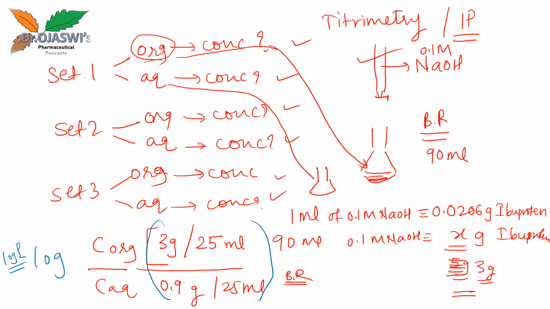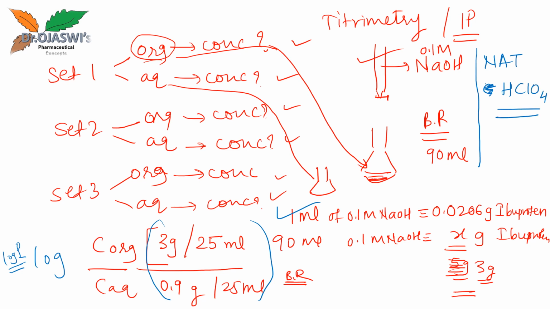In the same way, for ketoconazole also, we can use the factor which is given in the monograph of ketoconazole in the Indian Pharmacopoeia. For ketoconazole, I have to mention here that it is a non-aqueous titration, so we are titrating with perchloric acid.